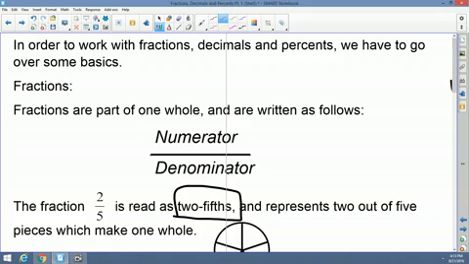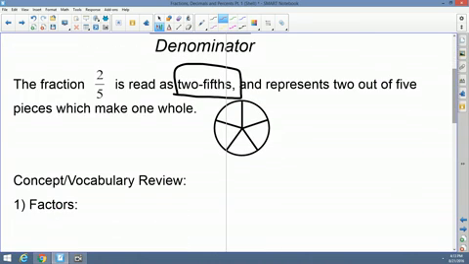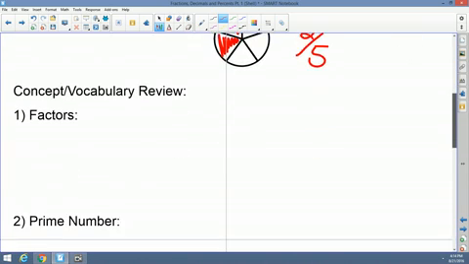So in this particular case here, I have 2 pieces out of the 5 pieces that make up this pizza pie, and that is known as 2 out of 5 or 2/5. Pretty cool. That is what a fraction is. Again, it's part of one whole. Okay, so let's continue now.